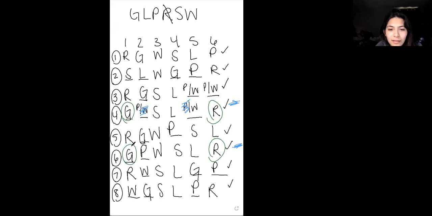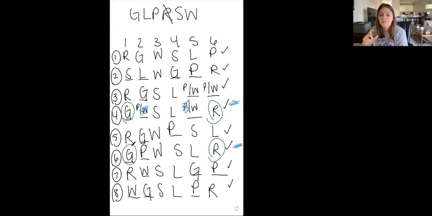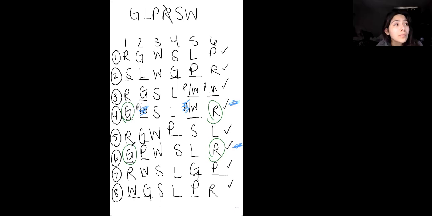Okay. G has to be in 1 in both of them. That's another thing that must be true in this question because it's happening in both of those worlds. It's not an answer choice, but it could be an answer choice.